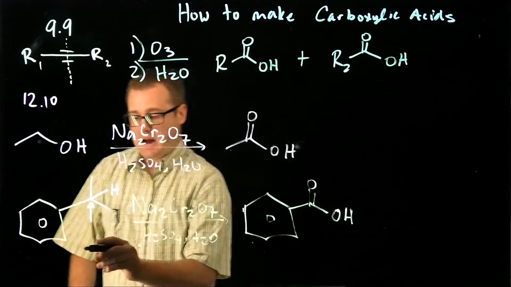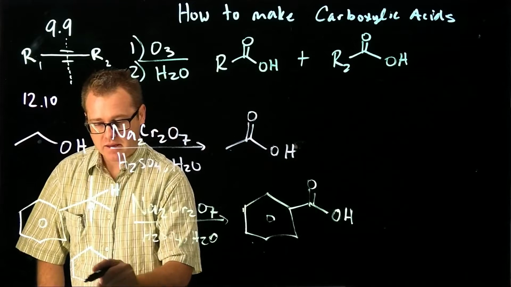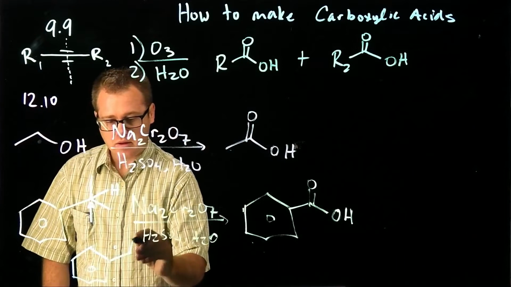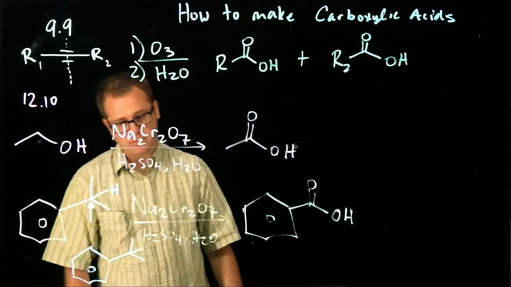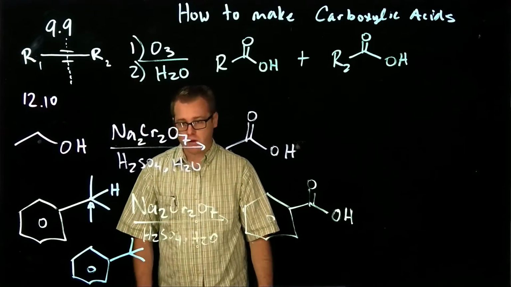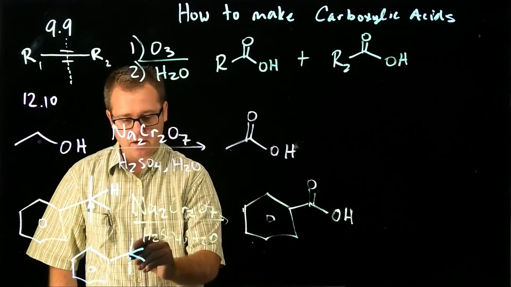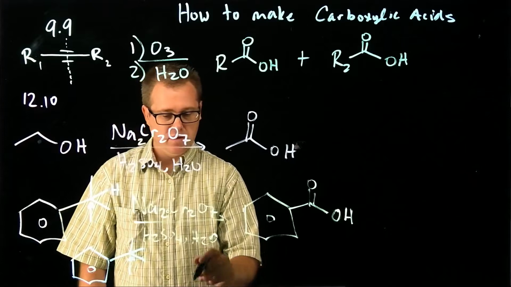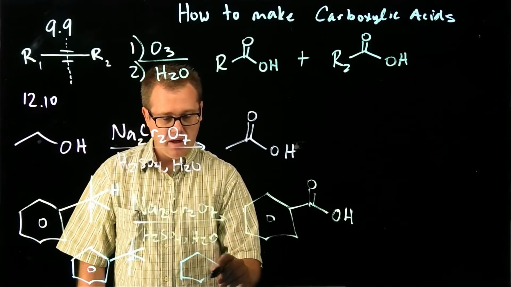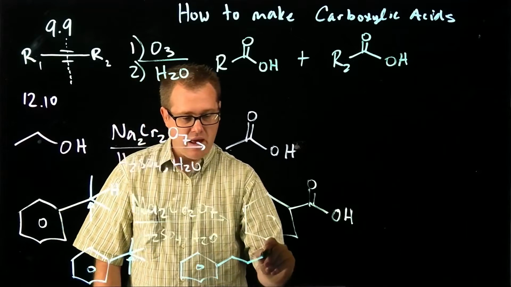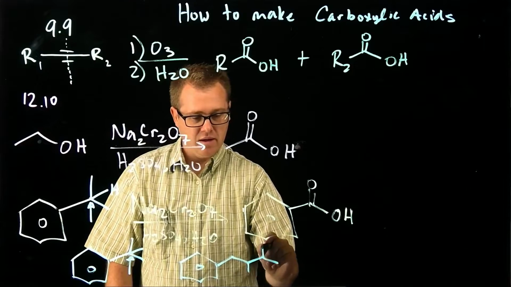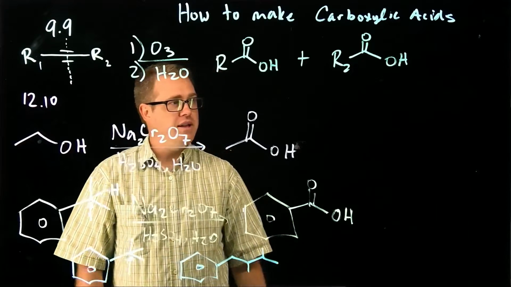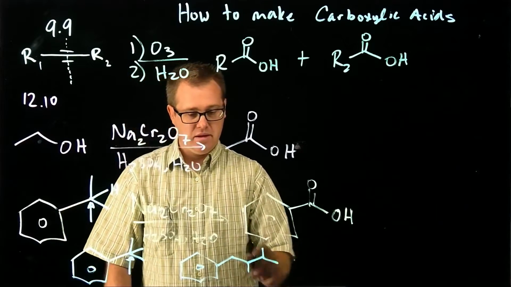But what if I had a benzene derivative that looked like this? That would not work because when you look at the benzylic carbon, there's no hydrogen. So that can be anything really. You could draw it however crazy that you want it.